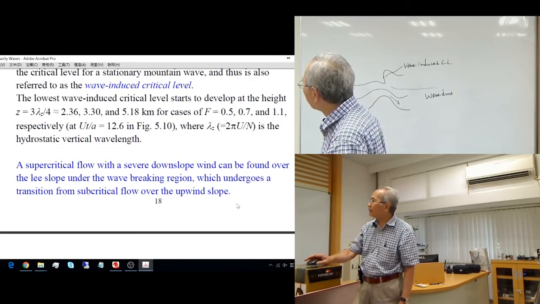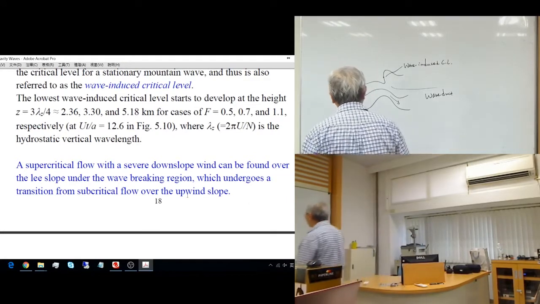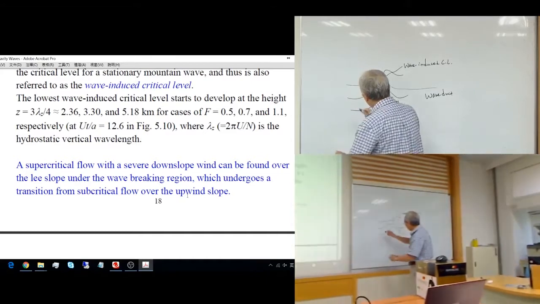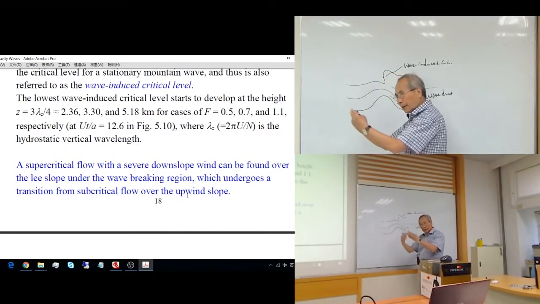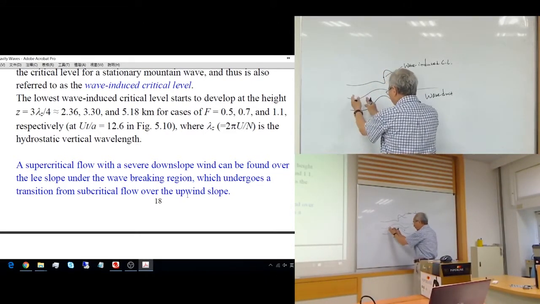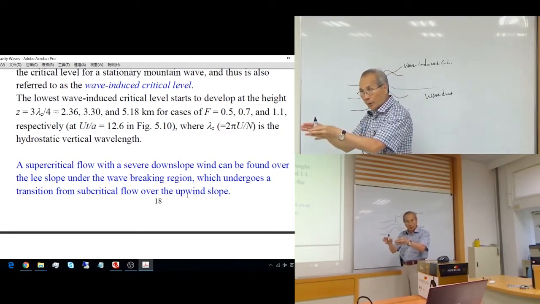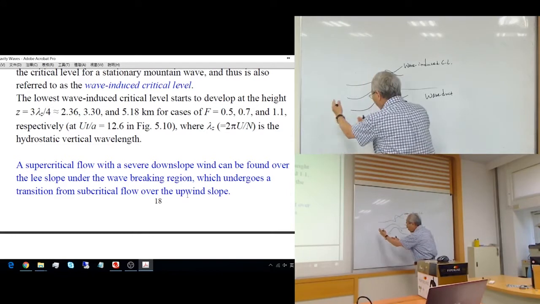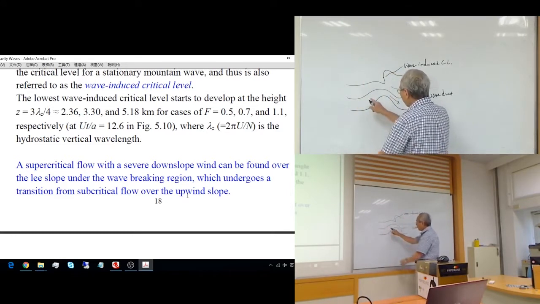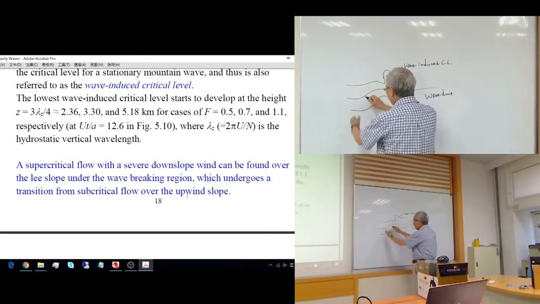So when you have this flow, you have a lot of mass accumulated here. When the flow number is low, that means slow wind is coming in, and then you accumulate it because you cannot go over.